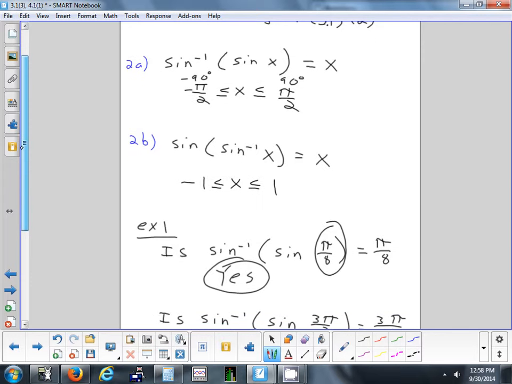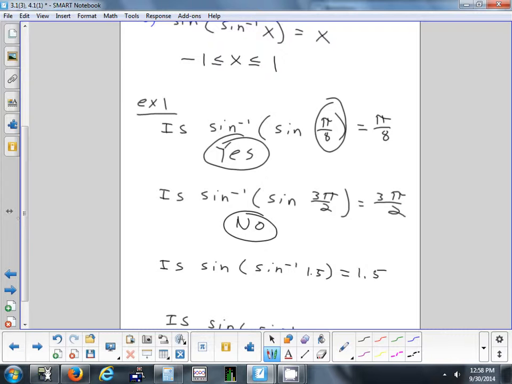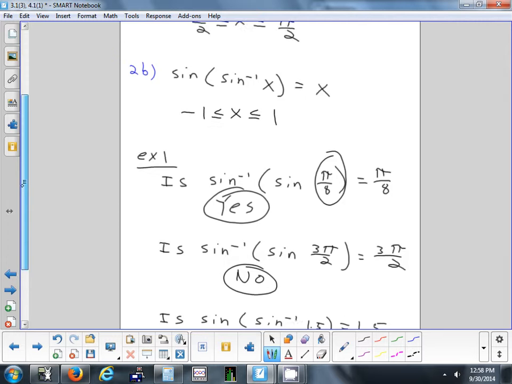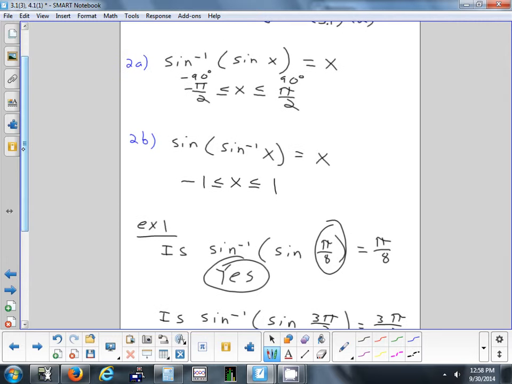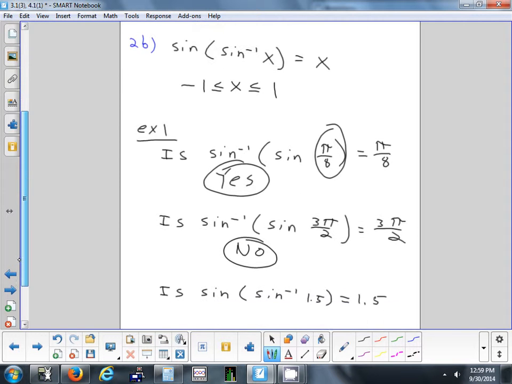Okay, the next one is the sine of the inverse sine of 1.5. Okay, Ashley, this time the inverse is on the inside. Is that formula 2a or 2b? 2b. Yep, that's 2b. Inverse is on the inside. So what two numbers do we have to be between?